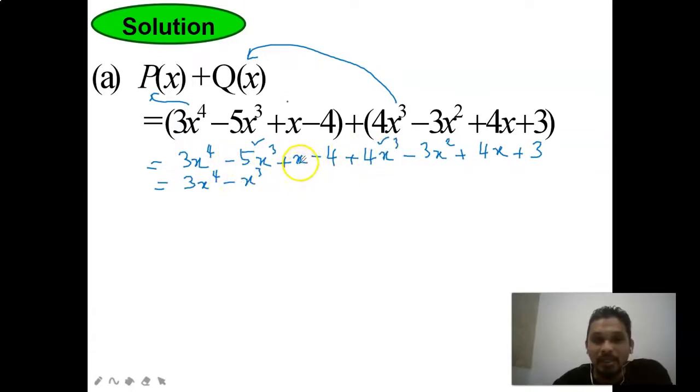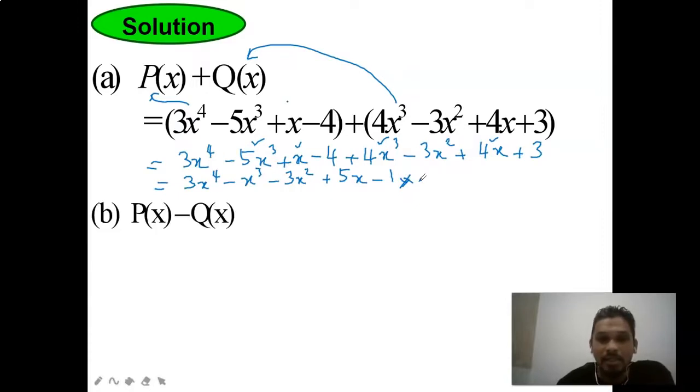Then there is no other x squared, so minus 3x squared. Then x plus 4x comes up with 5x. And negative 4 plus 3 equals negative 1.